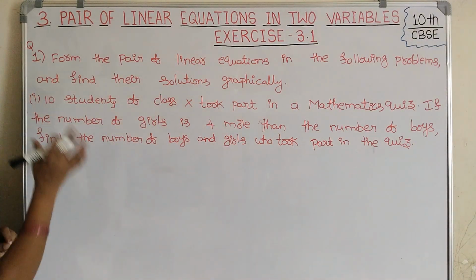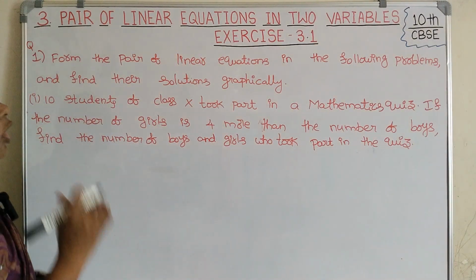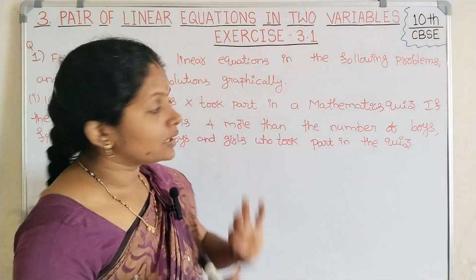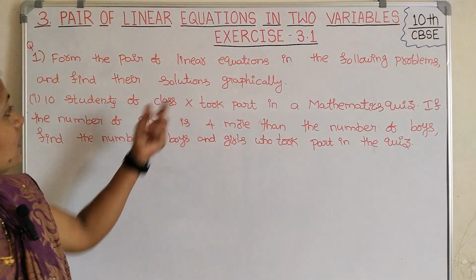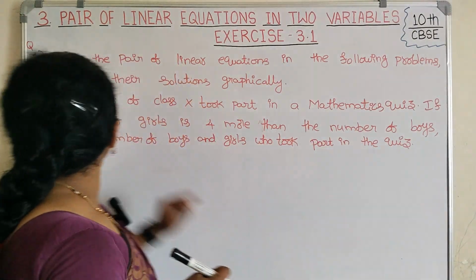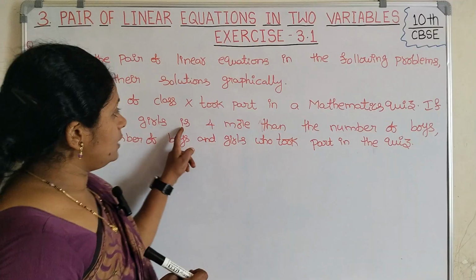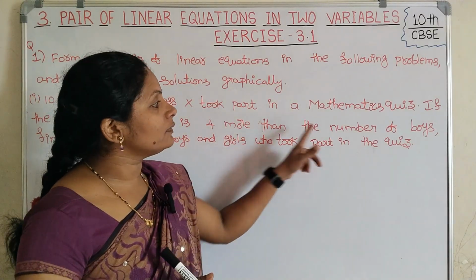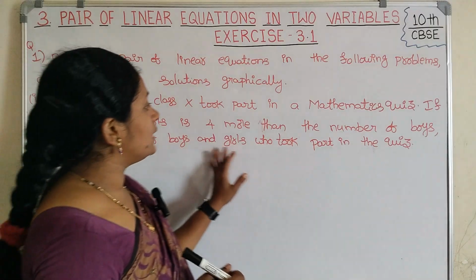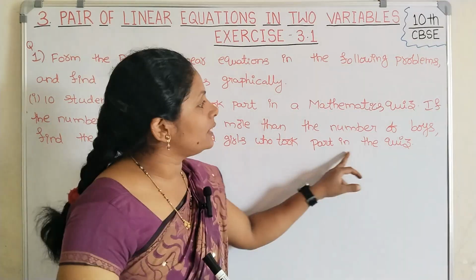The first one: 10 students of class 10 took part in a mathematics quiz. This means in the 10th class there are overall 10 students. If the number of girls is 4 more than the number of boys, find the number of boys and girls who took part in the quiz.